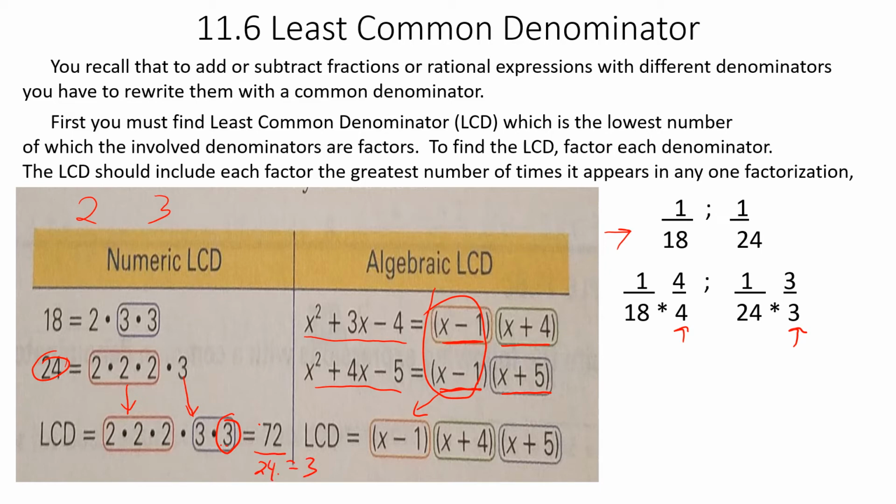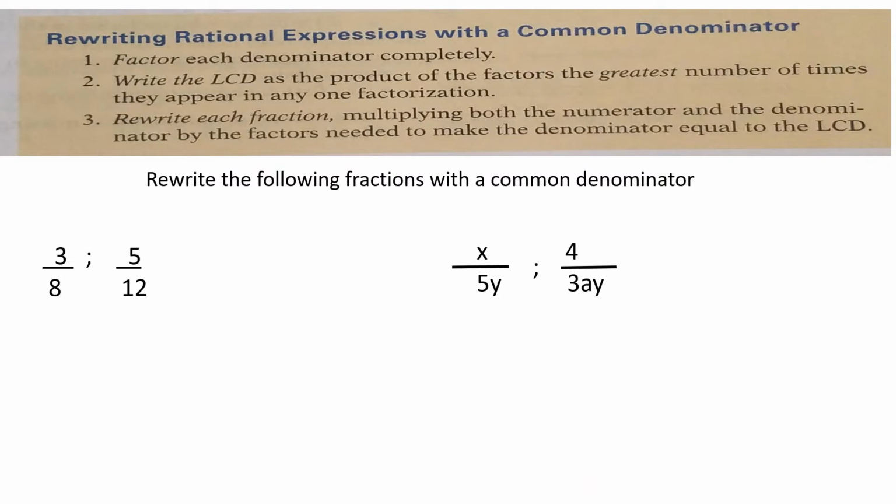Then we're multiplying straight across. So now we get 1 times 4 is 4, 18 times 4 is 72, 1 times 3 is 3, and 24 times 3 is 72. So we've now rewritten the two fractions with a common denominator. Like I said, this is not new to you. You just haven't done it algebraically yet.